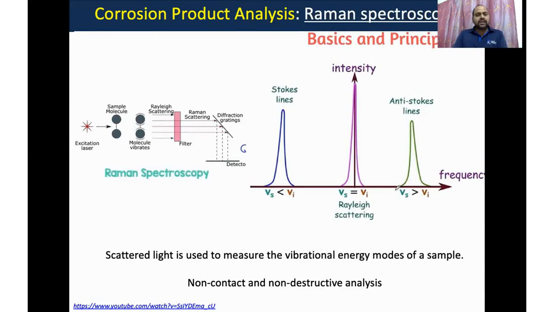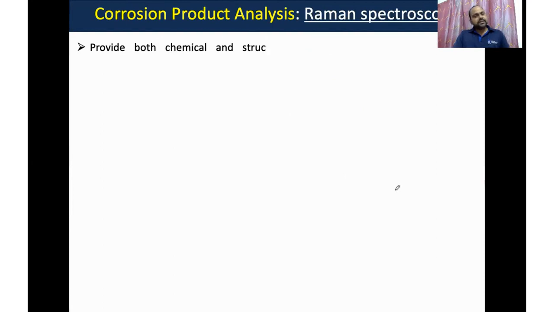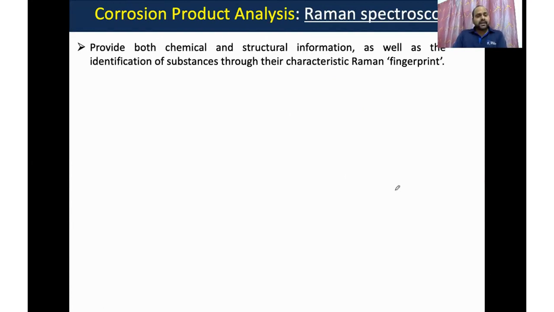So again, this technique is very useful, similar to FTIR. Here we can get a variety of information, and it provides both chemical as well as structural information, and we can identify substances or materials through their Raman fingerprint.